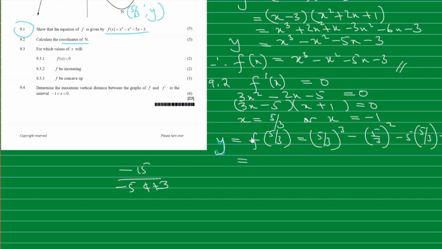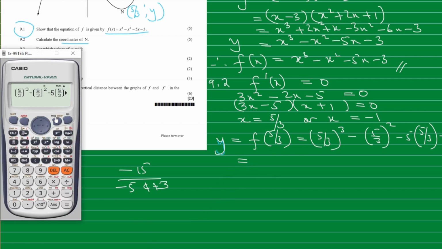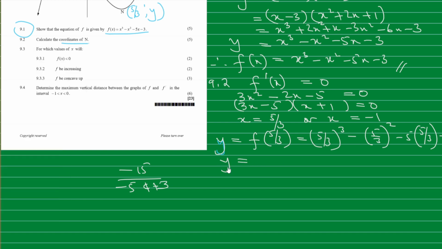Let's put that into our calculator. We get negative 256 over 27. So our y value will be negative 256 over 27. It's preferable to leave it like that.